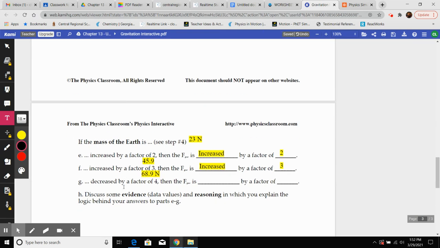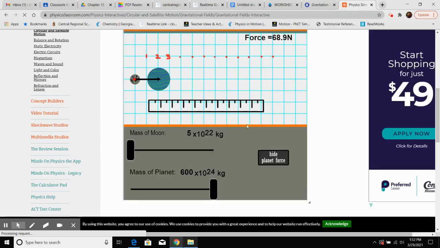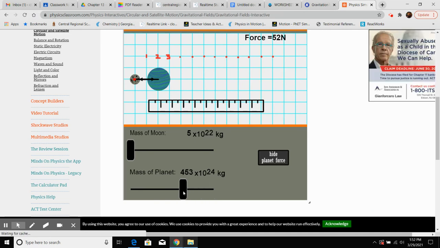All right, now we're going to decrease it by a factor of 4. Now that's going to be a little bit of a problem, I think. Because if it goes to 200, it only goes up to 600.